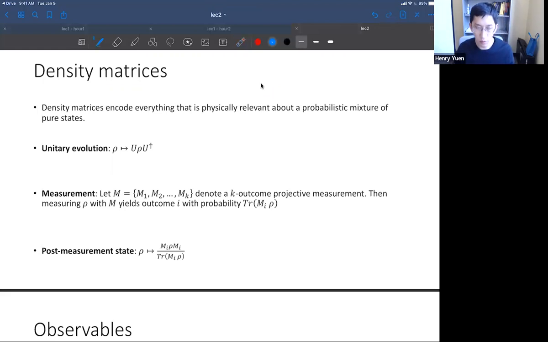Remember, last time I said with a quantum system, there are two things that could happen to it. Either it undergoes isolated unitary evolution, or it undergoes measurement. The same thing is true with density matrices, but now we have some updated rules about how you describe each of these two processes.